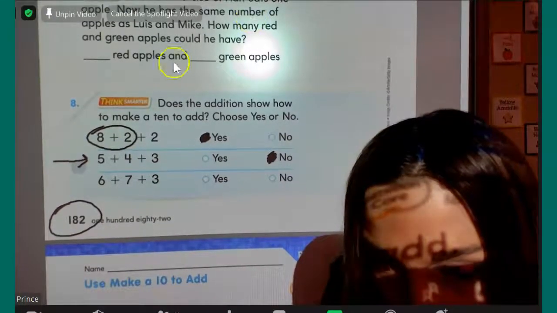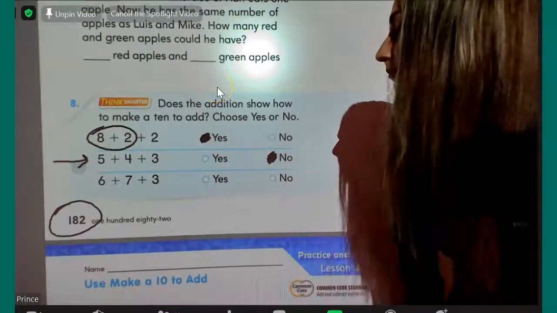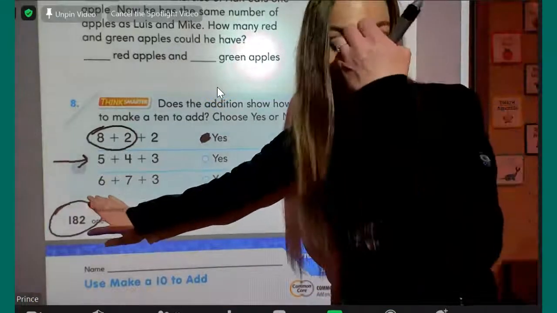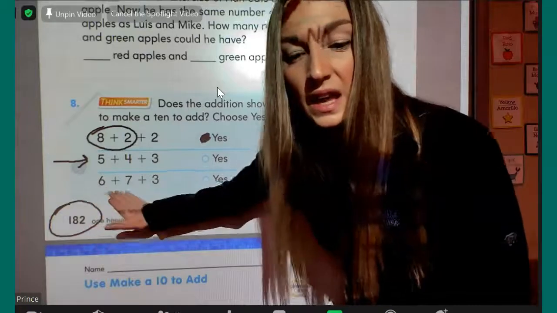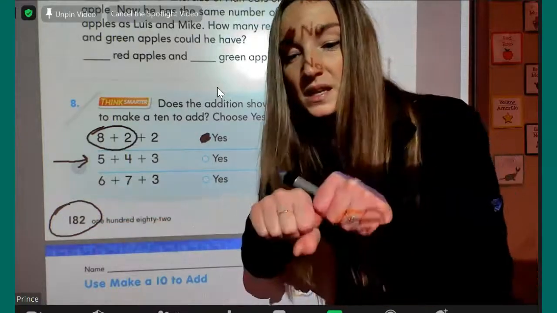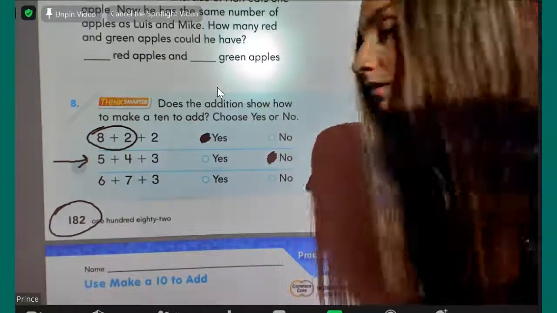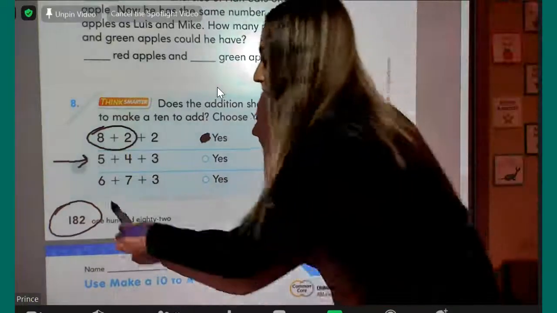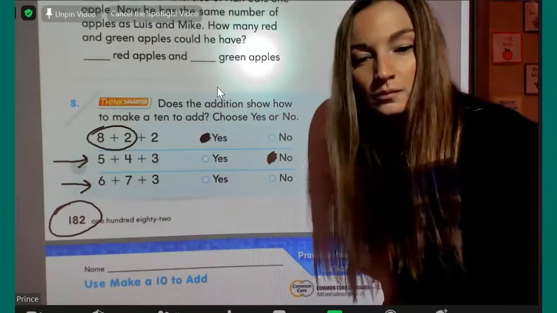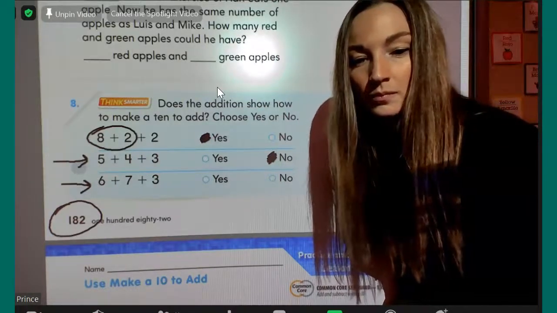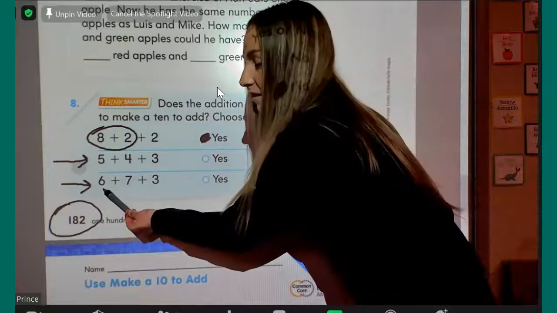Kaya, I'm going to have you help me on this last one, okay? All right, Kaya. Can you take any of these numbers, put them together to make 10? We have these ones right here. Is it the one with the 5 or the 6? The one with the 6 right here.